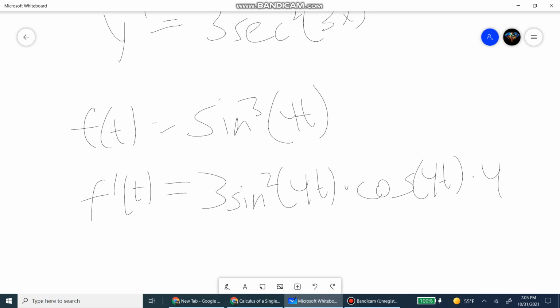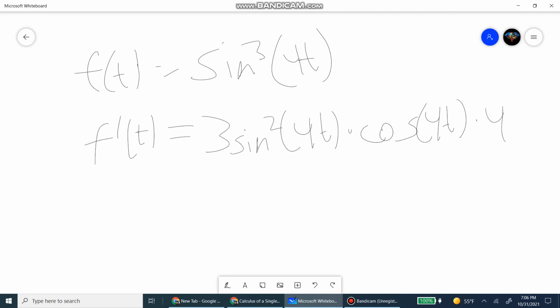And once you get a full derivative, you can use it to find tangent lines because this is the slope of the line. Let's say you're finding it at t equals 1. You can just plug in t equals 1 here, and you can figure out the slope at t equals 1.